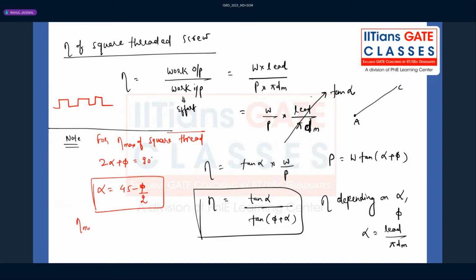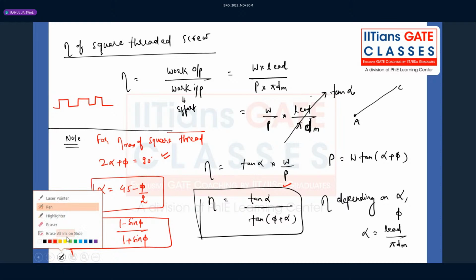Now when you put the maximum efficiency condition, that is 2 alpha plus phi equal to 90 degree, you will get 1 minus sine phi divided by 1 plus sine phi as the maximum efficiency of square threaded screw threads. So this particular condition and this formula for maximum efficiency you have to remember.